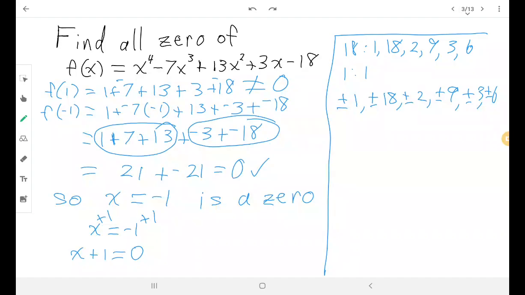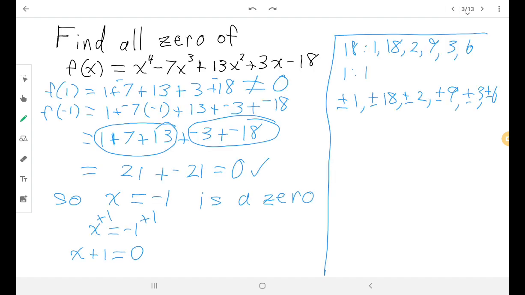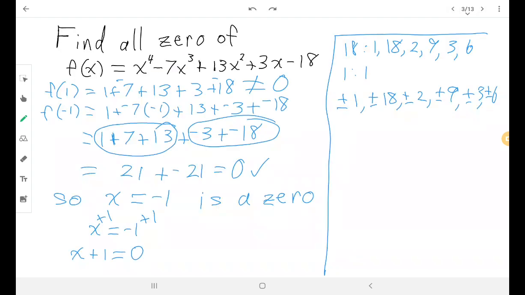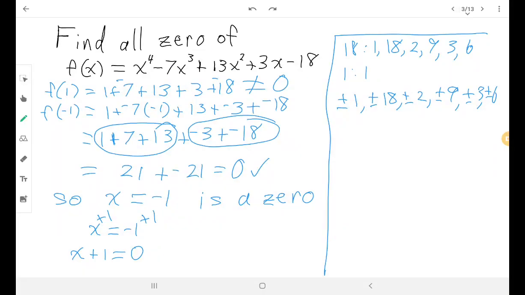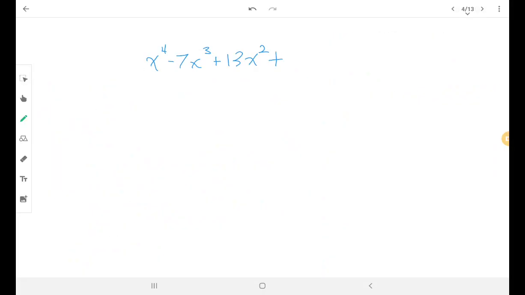I got to look back at this long polynomial here, x to the fourth minus 7x cubed, plus 13x squared plus 3x minus 18, all of that divided by that x plus 1.